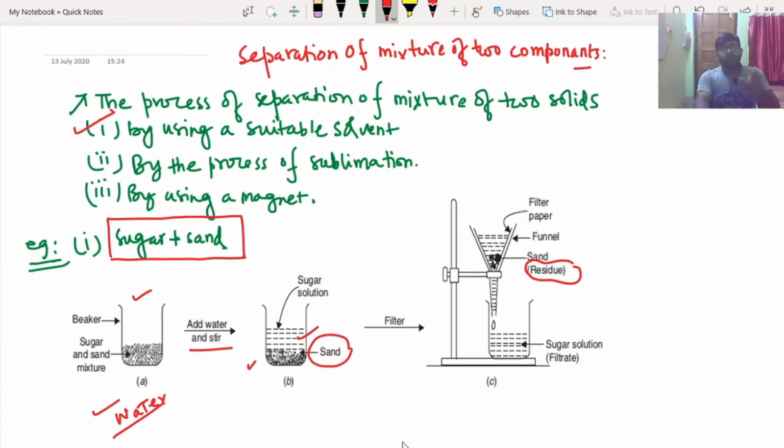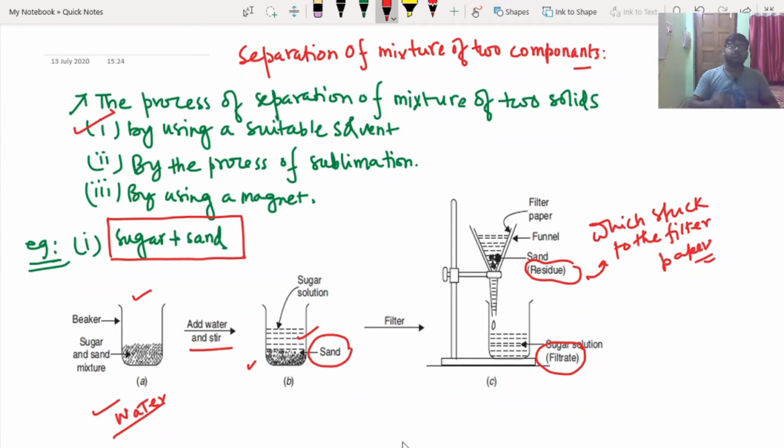And the water will come out as the filtrate. A residue is something which is stuck to the filter paper, and something which can pass through the filter paper quite easily is called the filtrate.